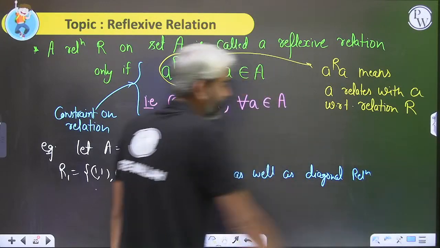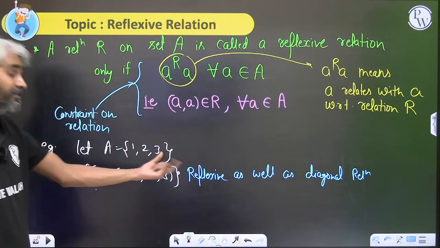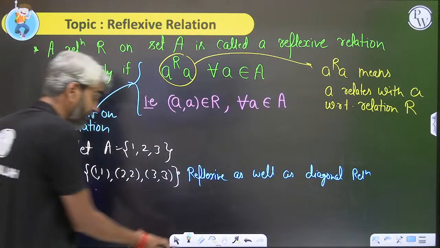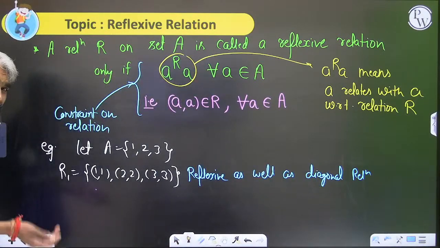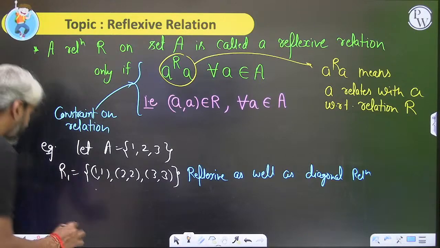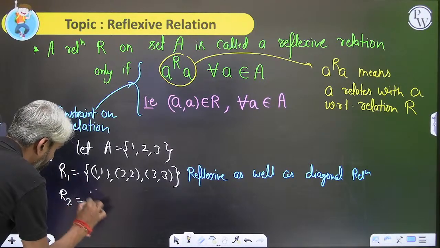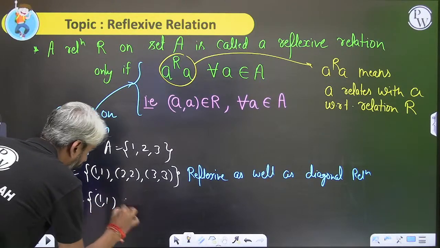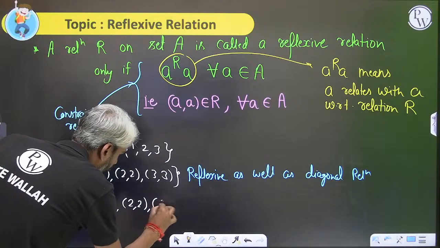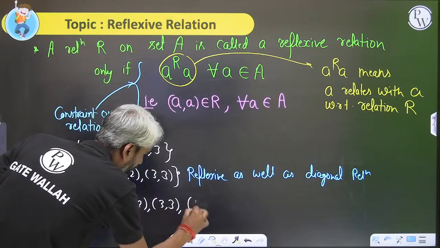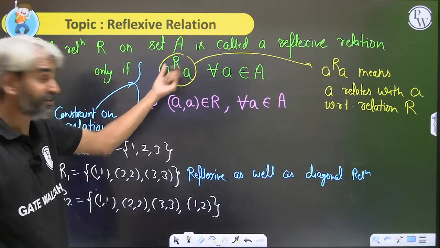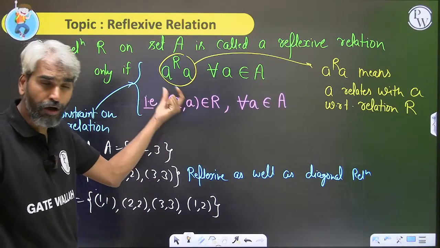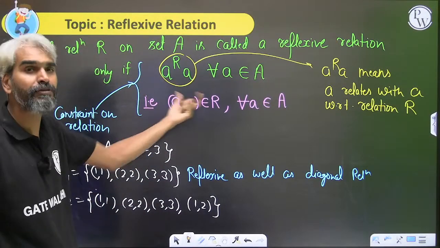Now, what you need to understand is every diagonal relation is reflexive. But if a relation is reflexive, is it necessary for it to be diagonal? Let's check. Sir, relation R2. If I have all the order pairs 3, 3, and I write any other order pair, the only constraint on the relation is that for all the elements of set A, the element should relate with itself.